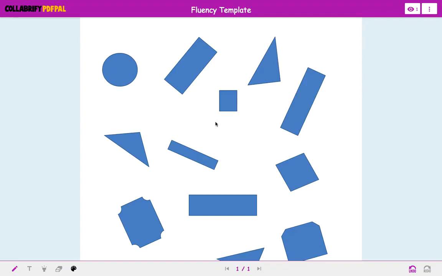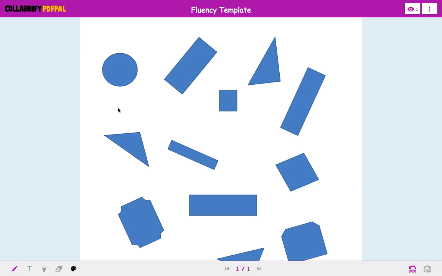I know it kind of looks like a square, but it is a rectangle. It has 4 sides, 4 corners, and all the lines are straight. Let's look at the next. It is a rectangle. Let's come over to this side.